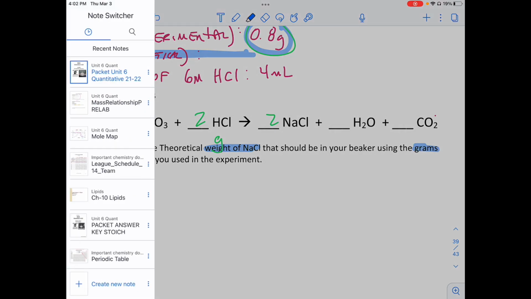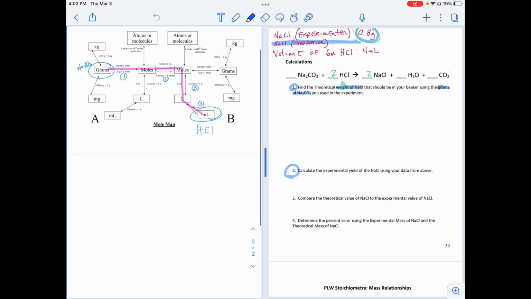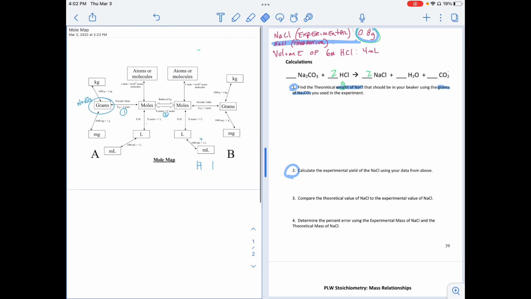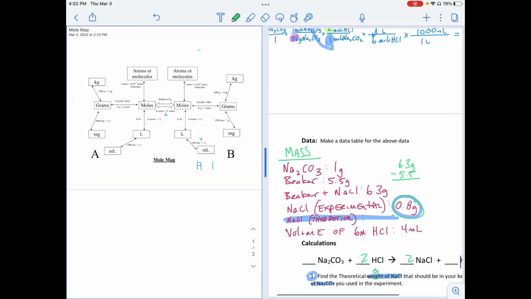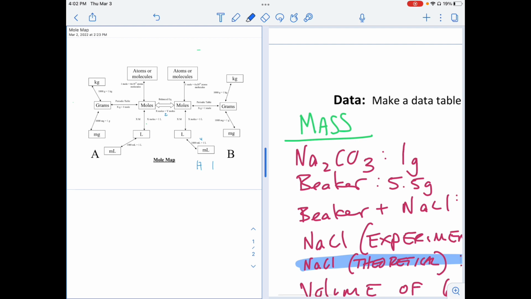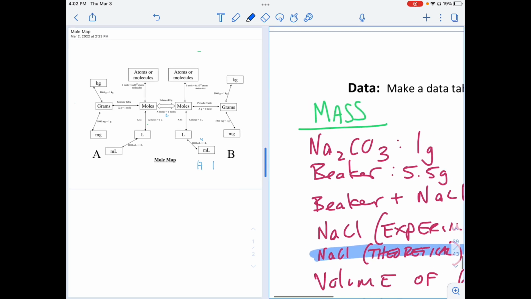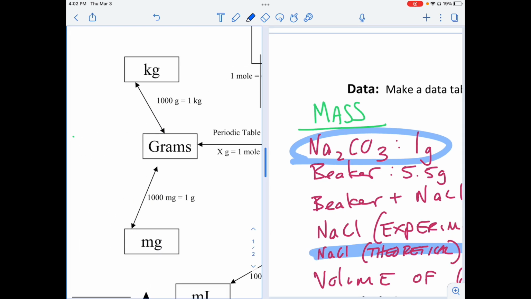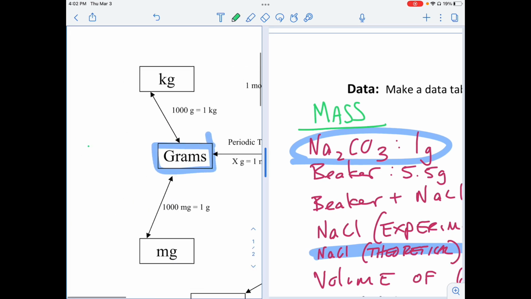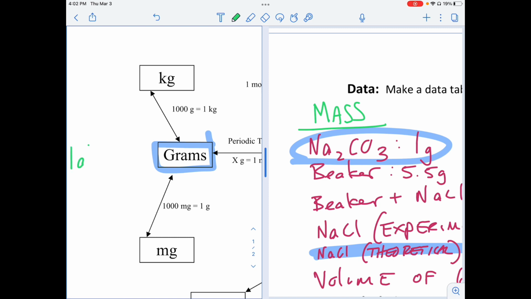So go back to my mole map. Let's clear it back off. Again, this is where I'm using the grams of Na2CO3. So I'm starting with 1 gram of Na2CO3.